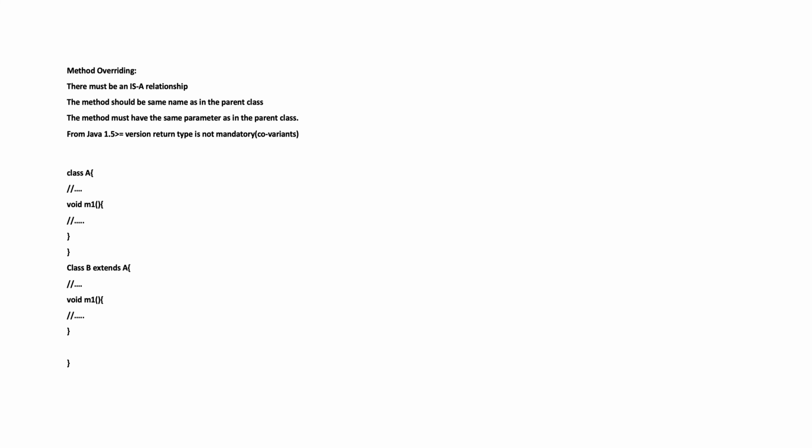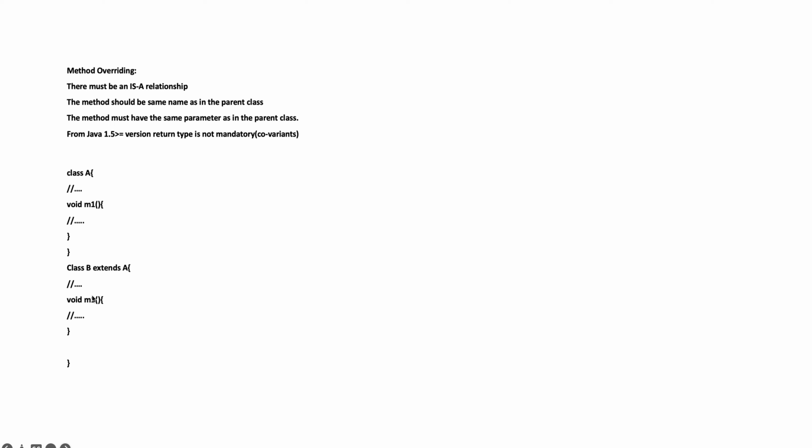Even the parameter types of the methods should be equal. For example, in our example, class A has a method called m1 which doesn't have any parameter, and the child class B, which extends the parent class A, also has a method named m1.